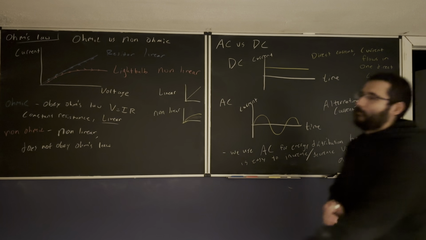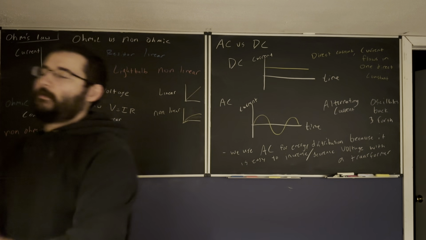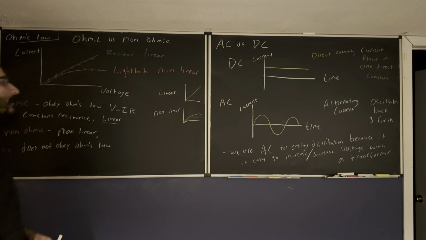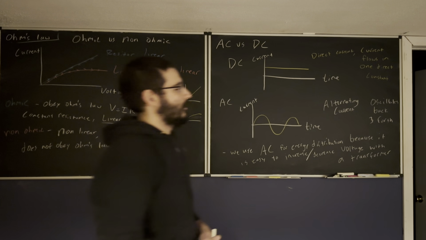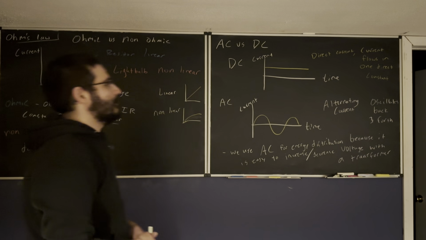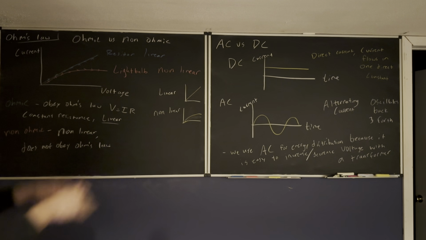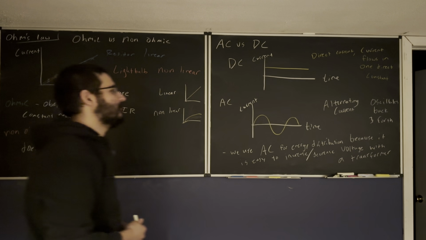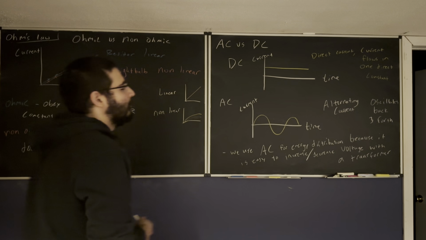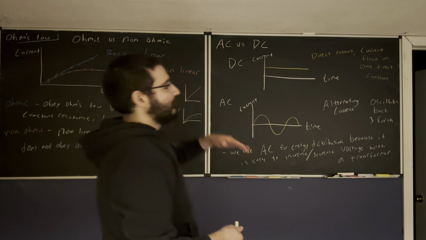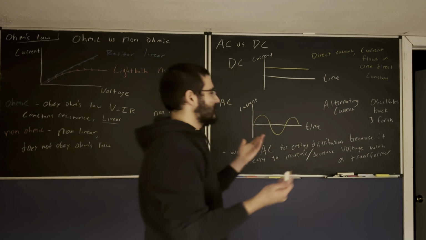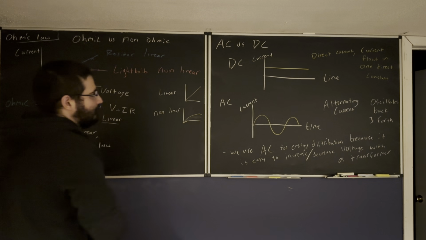Okay, so yeah, basically that's it. The reason we use AC is because you can increase the voltage to very, very high voltage for distribution, for sending the electricity out all throughout the city and from state to state. That's the whole electric grid. And then you can step down the voltage for the consumption of the electricity at the municipal level, right?